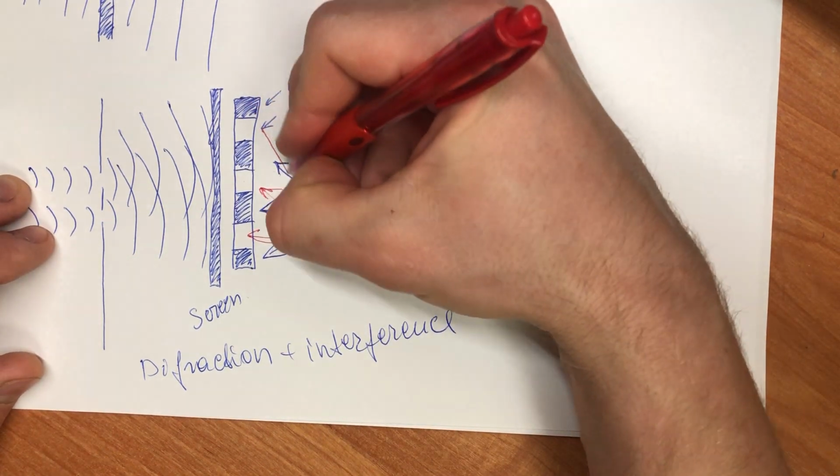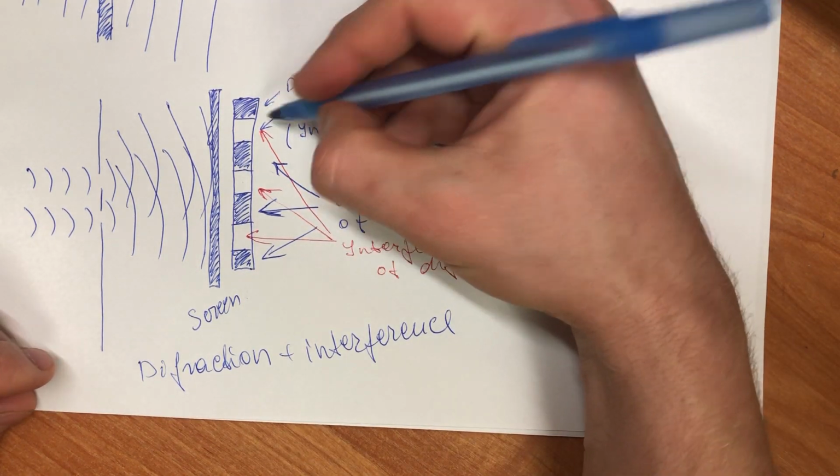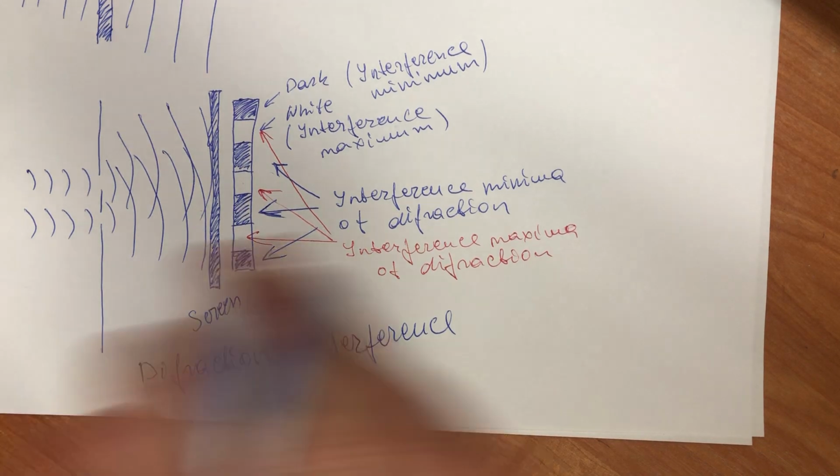So of course it is the same here, and this black here also. So why do these happen?